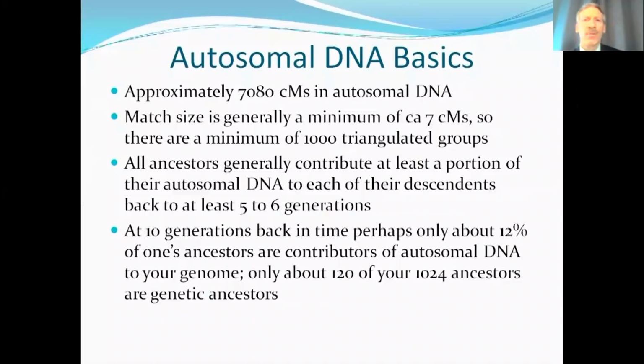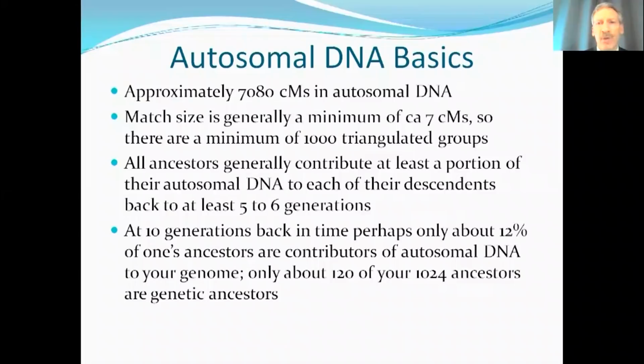So let's talk about some of the basics about autosomal DNA testing. First of all, you need to know that there are around 7,000 centimorgans in the human genome. And this is the genetic data that we use for all of the comparisons that we are trying to do when we do autosomal DNA testing. As a general rule, we don't look at matches much less than about 7 centimorgans.